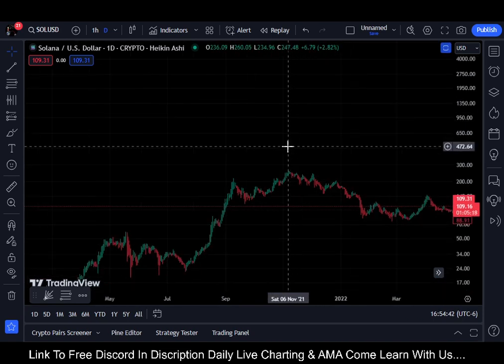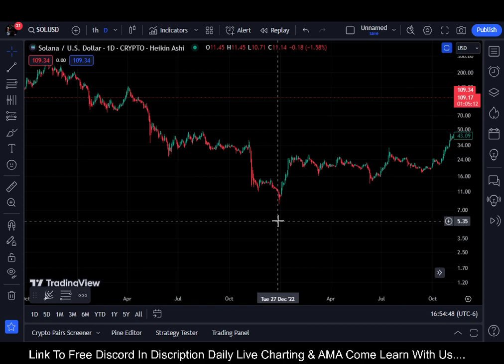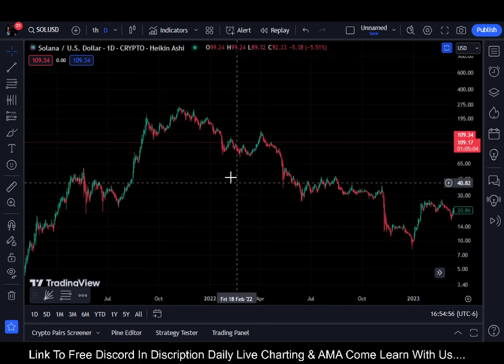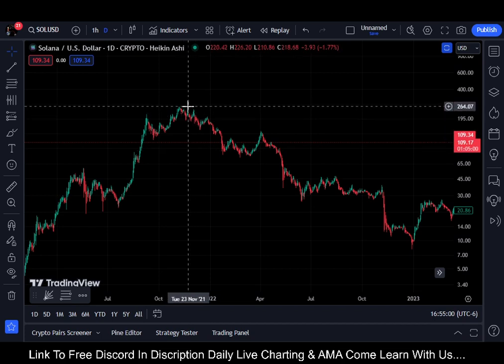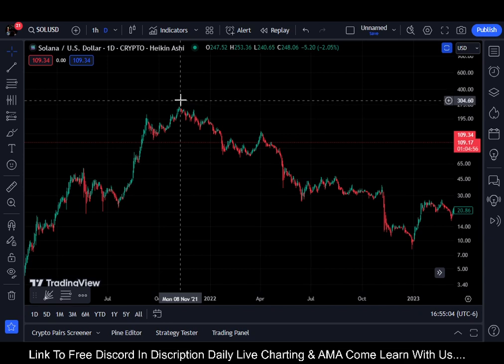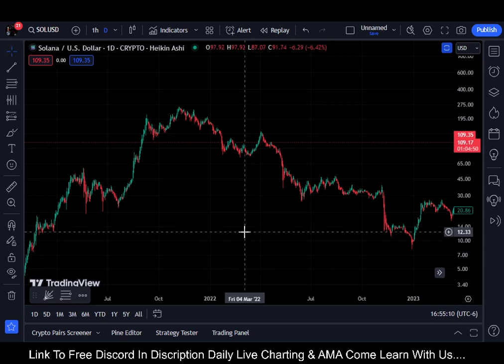The high price is $260, and the swing low was $5.35. So if you were to start dividing this, if we took this in half, so let's say we take a percentage of this high, $260, and let's cut that in half.